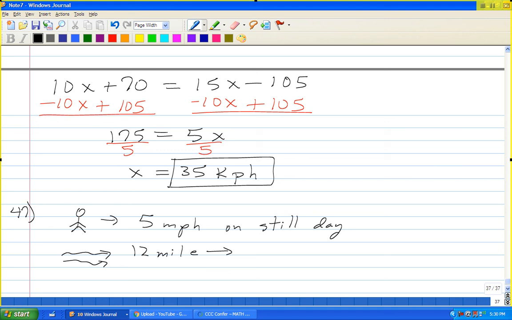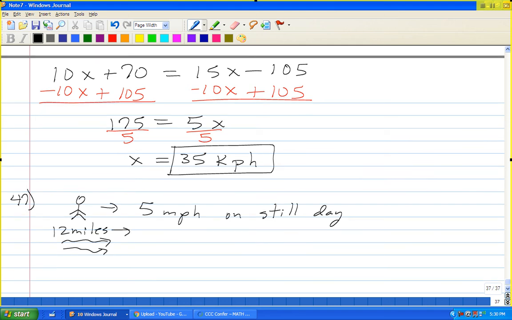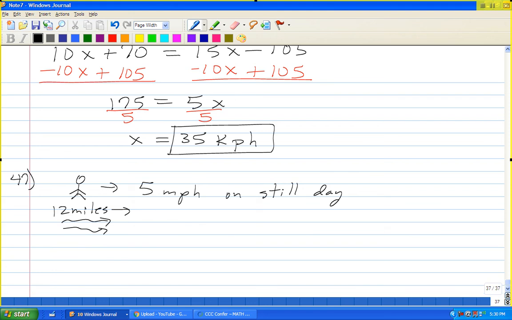In the same amount of time, maybe I'll put him over the wind so you can see it. So he's able to go 12 miles in the same amount of time that he runs 4 miles against the wind. He's going against this wind. Okay.